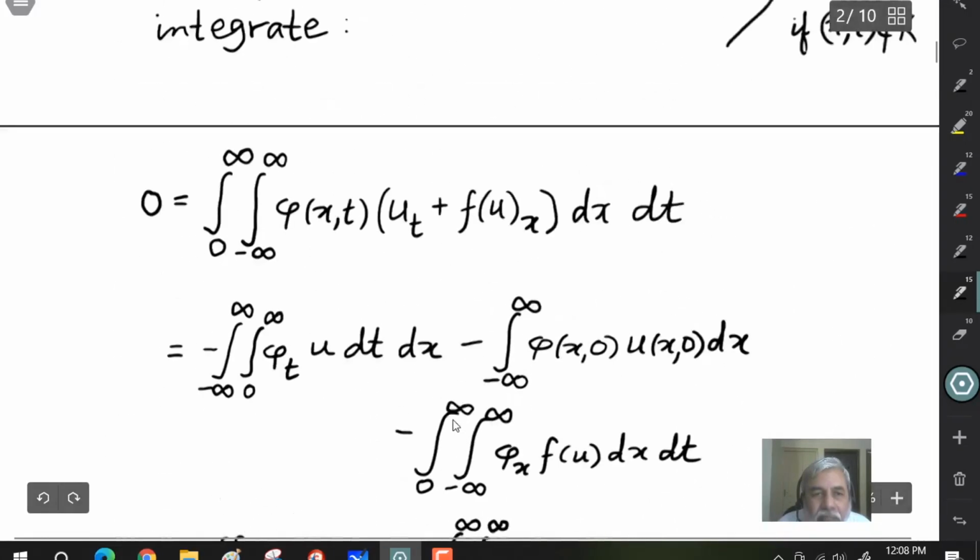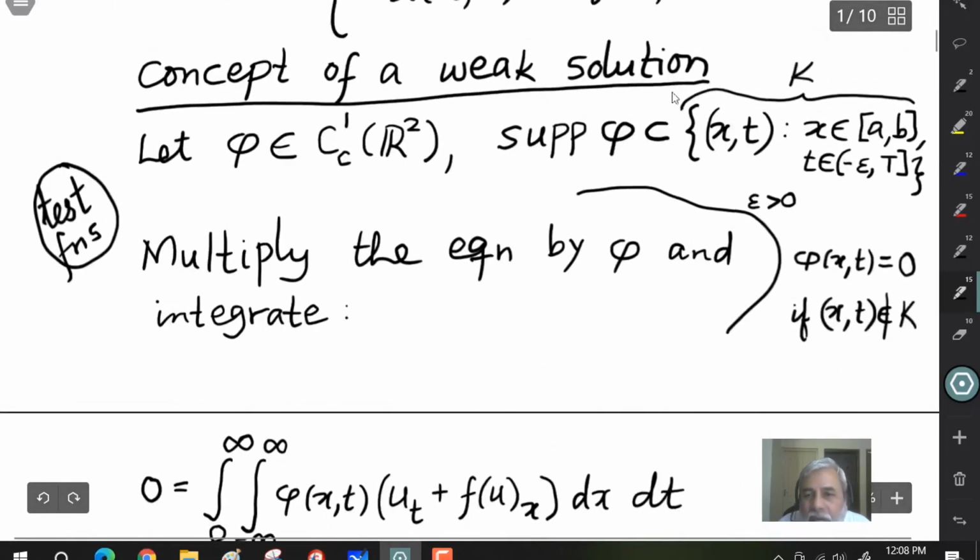A test function means it has compact support, and its support is in such a rectangle in the xt plane.